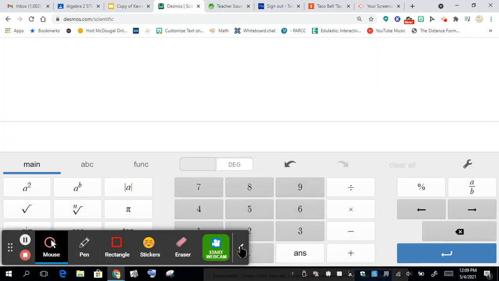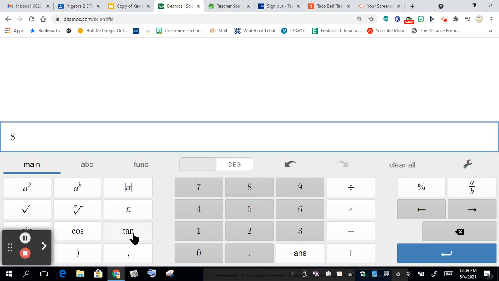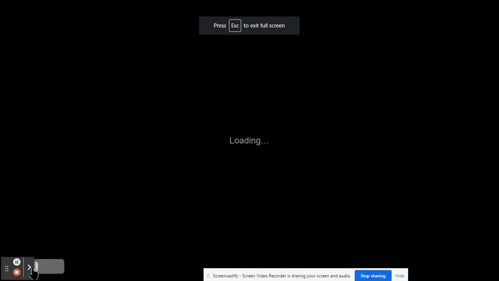So here we are again with the calculator. Remember, it was 8 tangent 27. We're multiplying both of those quantities. And so our final answer is 4.076. So why don't we just say 4.1? So let me go back to here, and I'm going to put the answer as 4.1.